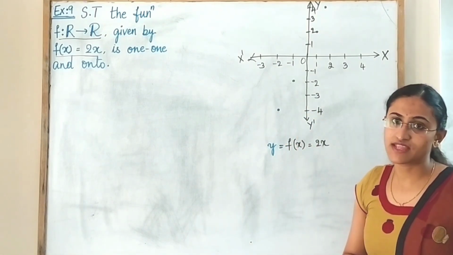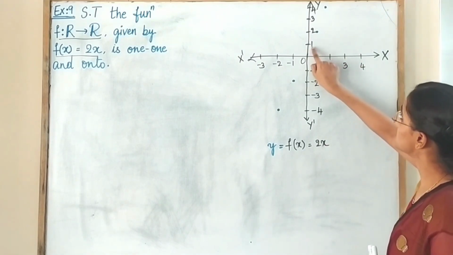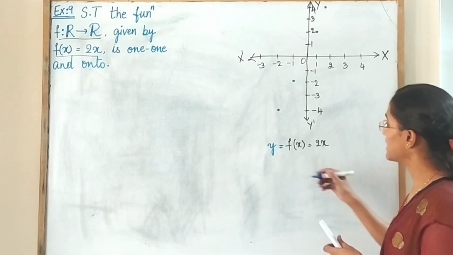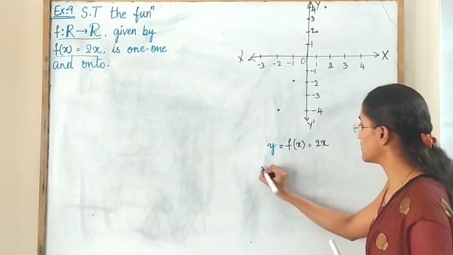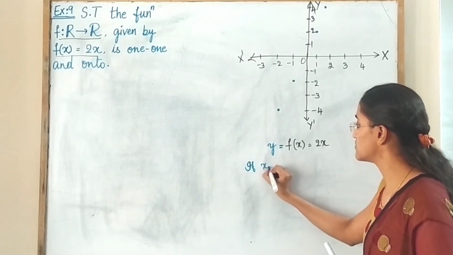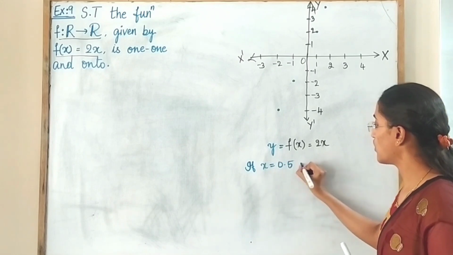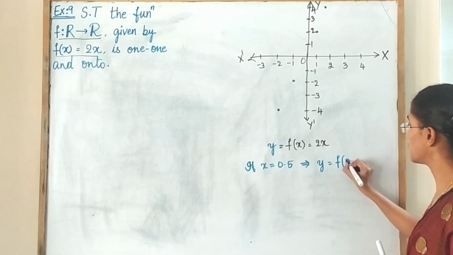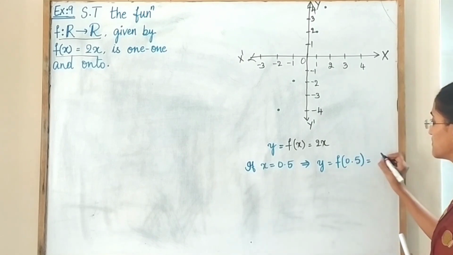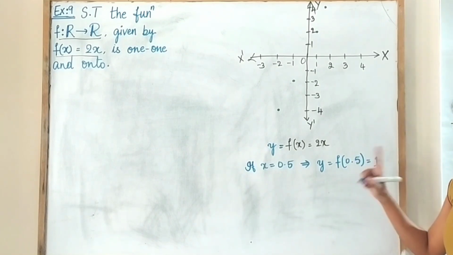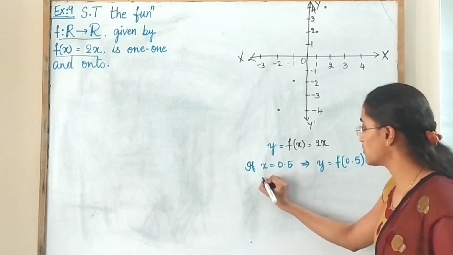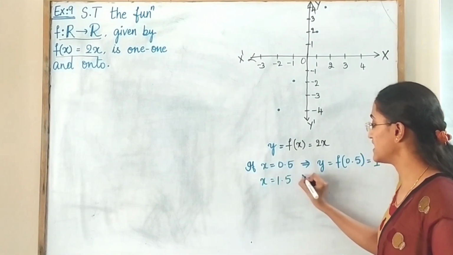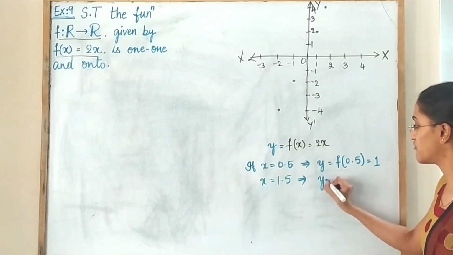You may have a doubt that again the problem arises that the odd numbers are not being mapped. But look, if x is equal to 0.5, what will be the value of y? That is f of 0.5, that will be nothing but 1, right? 2 into 0.5 leads to 1. If I am taking x is equal to 1.5, then what will be the value of y?